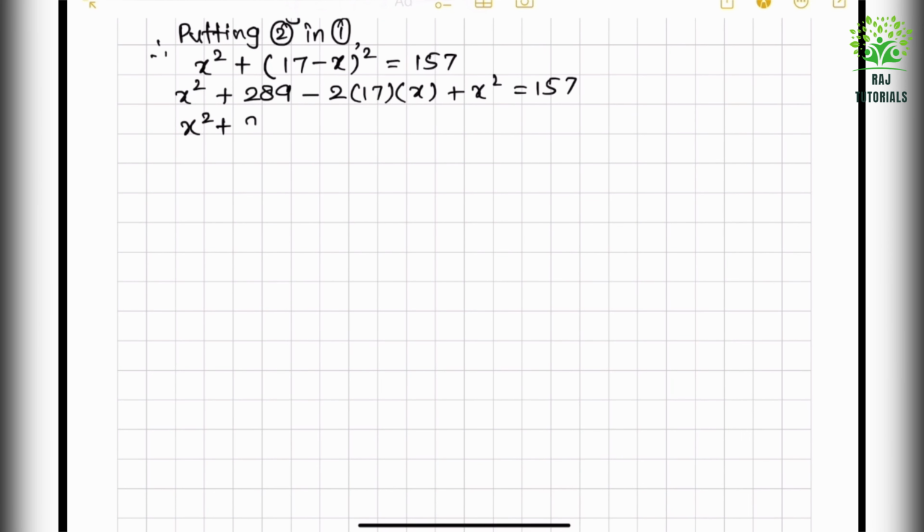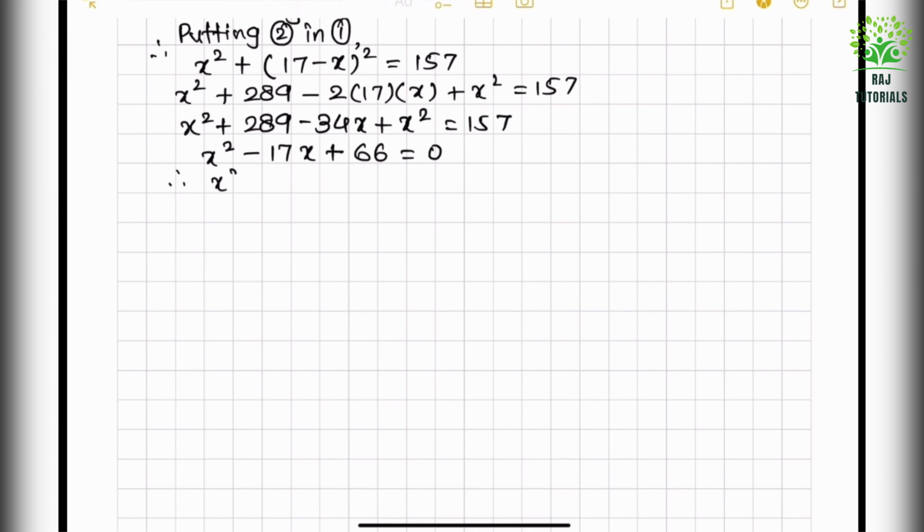So I will get x square plus 289 minus 34x plus x square equal to 157. Solving the whole equation I will get x square minus 17x plus 66 equal to 0.